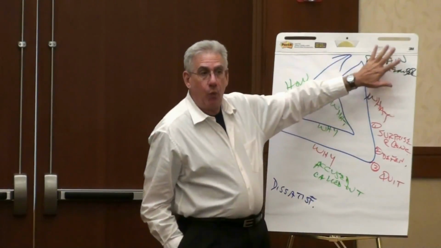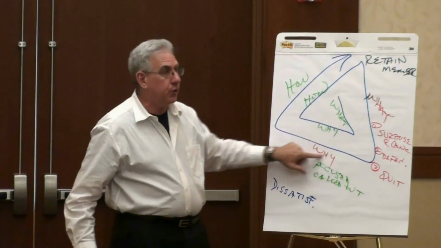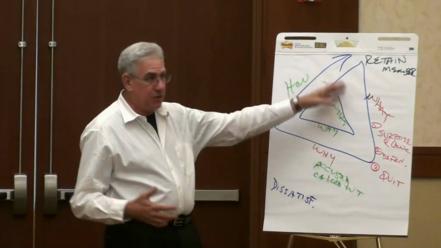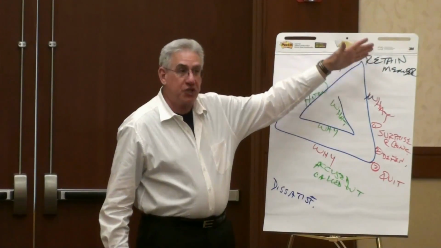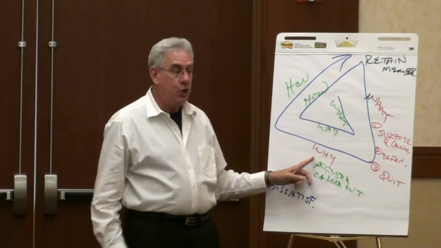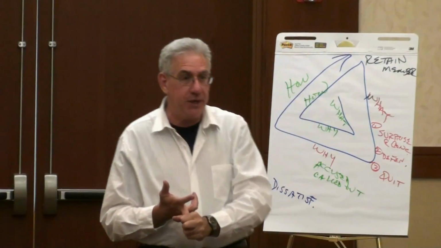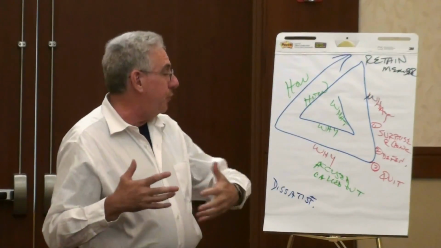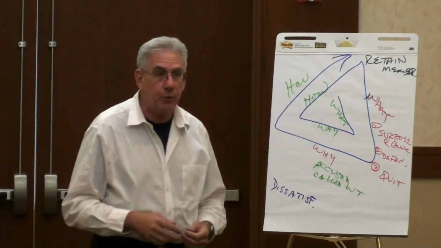Because you may want this particular outcome, but when you go through the double triangle, you go, based on these scenarios, I don't think it's possible. And you change the outcome and go through the double triangle again. Right? So now you've got three potential outcomes and three scenarios that you planned for, and you're going to feel more confident in sitting down with this person and dealing with the issue.